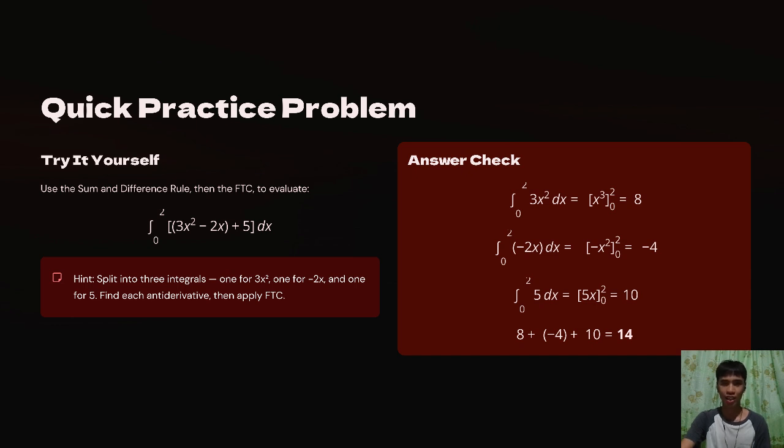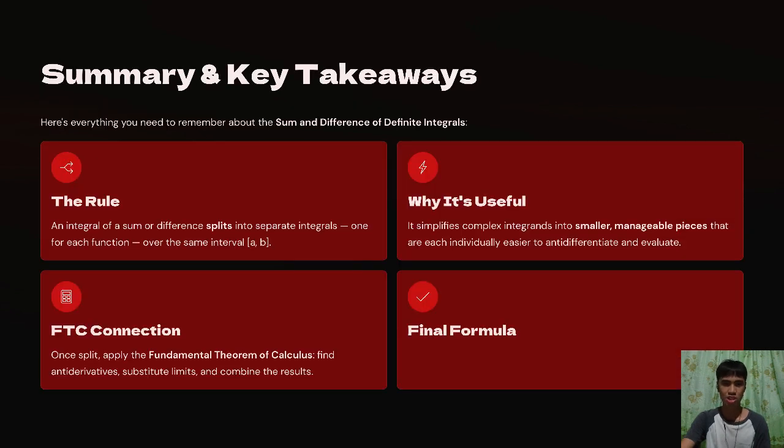As you continue your studies, keep these three professional quality checks in mind. First, limit consistency. Your bounds of integration must remain identical when you split your terms. Second, be a sign guardian.